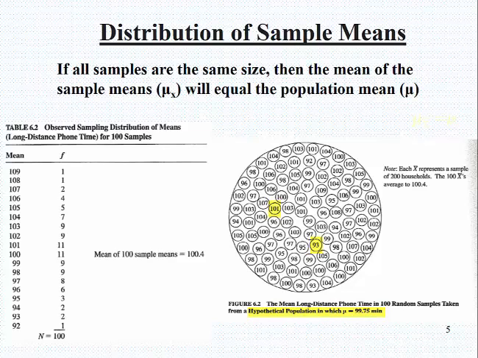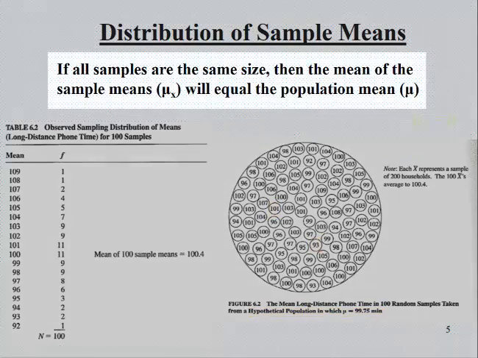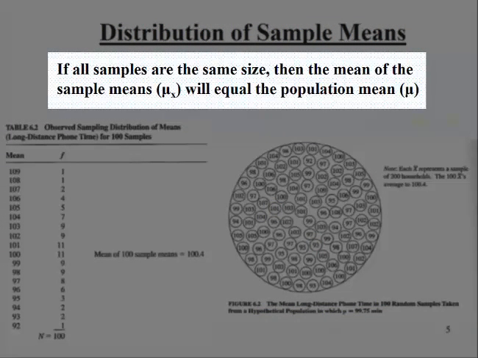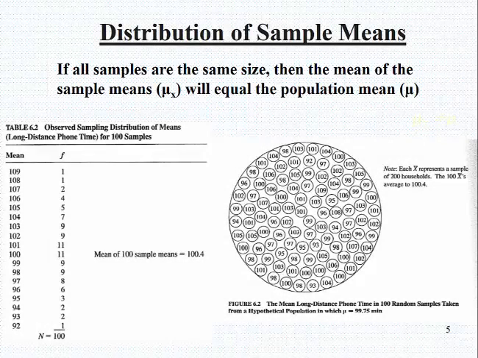However, the distribution of sample means states that if all samples are the same size, then the mean of the sample means will equal the population mean. The distribution of sample means is a collection of sample means for all the possible random samples of a particular size, n, that can be obtained from a population.